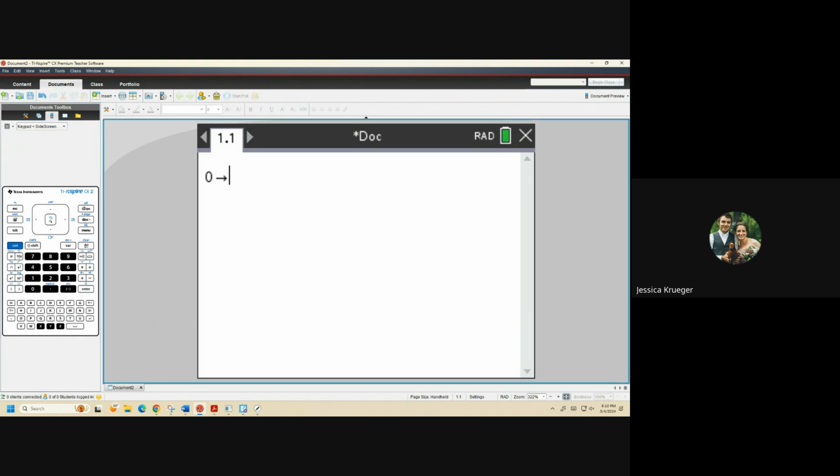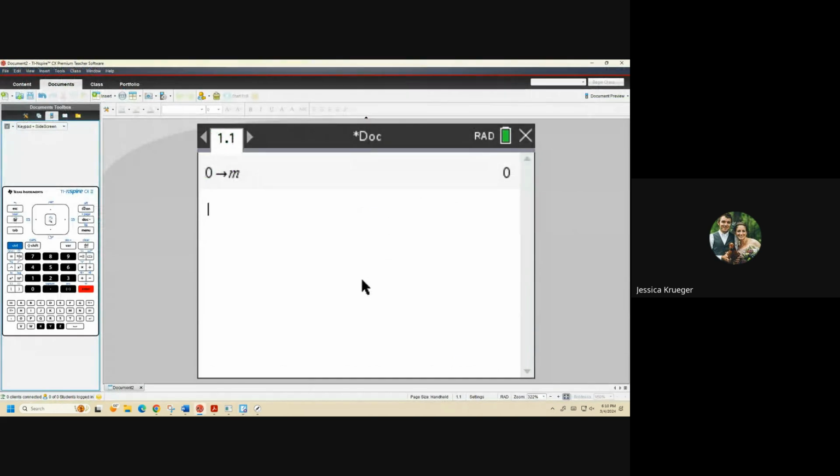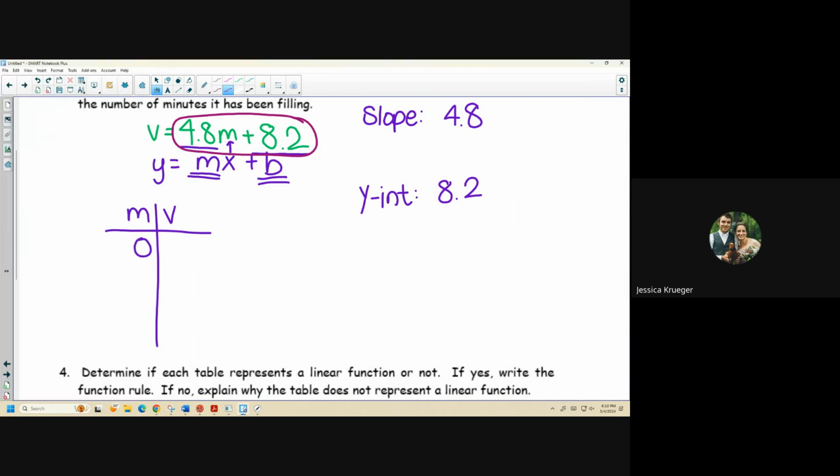Then I'm going to enter this function and see when m is 0, what do I get for my output? Now, I think what I'm going to have to do here is do the handheld only. Okay, perfect. That's helpful. So I'm going to type in 4.8 m plus 8.2 and see what I got. And I end up with 8.2. And that right there is my y-intercept.